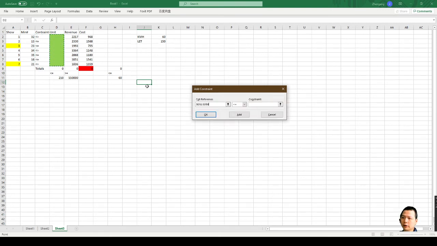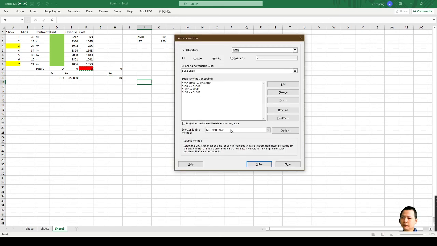The number of units should be greater or equal than the minimum. And the total revenue should be greater or equal than the requirement. Also, the total number of shows should be less or equal than here. And one more here, the 3 plus 7 should be less or equal than the KMH.